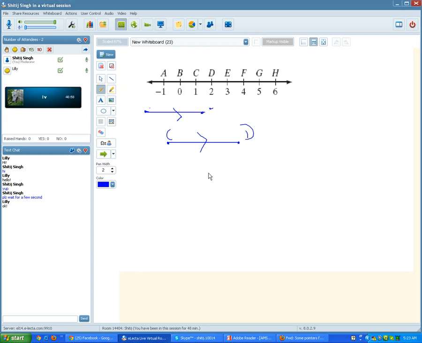So I'm saying try to find the length of AG. Can you find the length? AG, sorry. AG. Can you find?